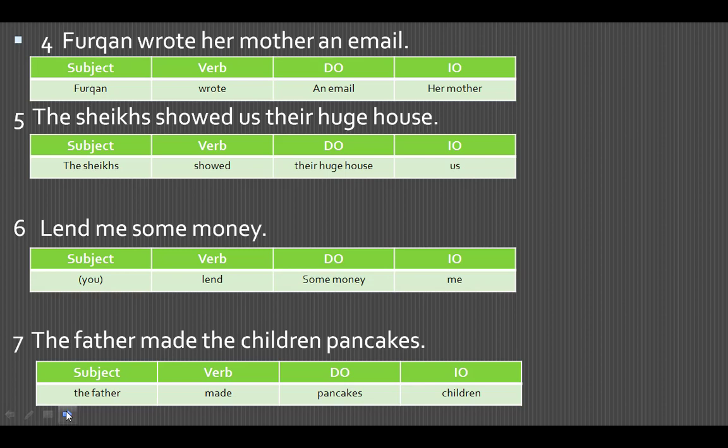In the fifth sentence: the sheikh showed us their huge house. In this sentence, the sheikh is the subject, showed is the verb, their huge house is the direct object, and us is the indirect object.